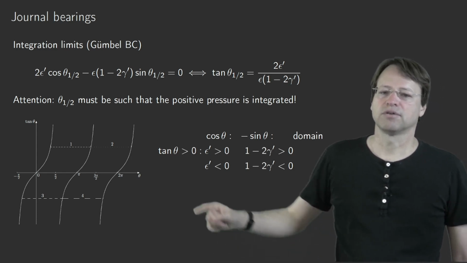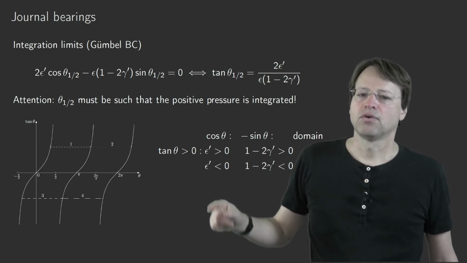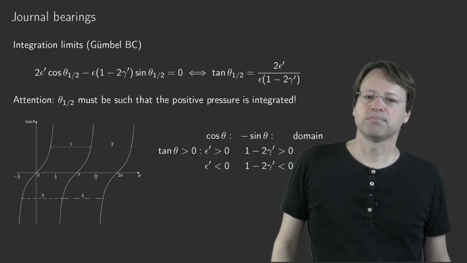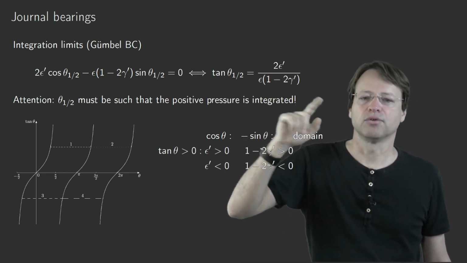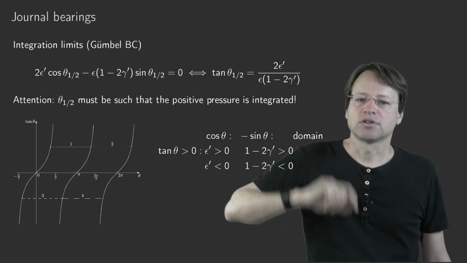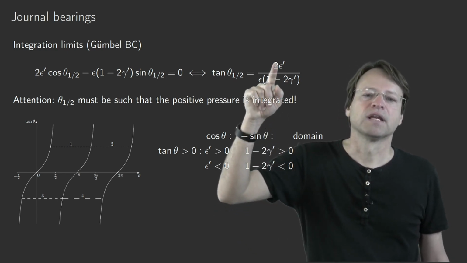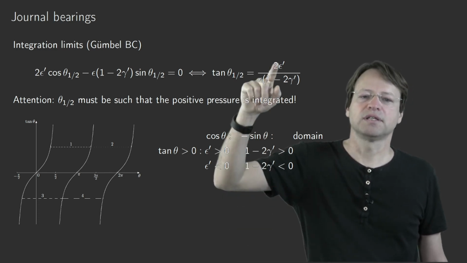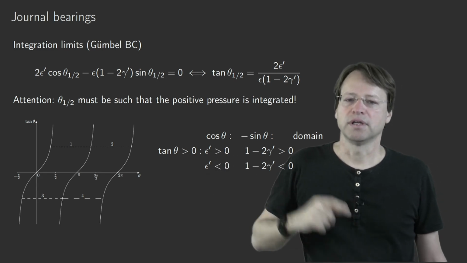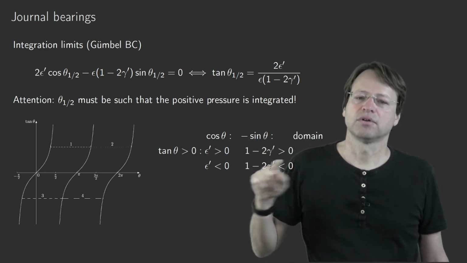We have positive values of the tangent theta. Then there are two ways to obtain positive values for tangent theta, namely both the numerator and the denominator must be positive, or both the numerator and the denominator must be negative. So as epsilon is always a positive quantity, it's the radial distance, we take epsilon prime as being either positive or negative, and 1 minus 2 gamma prime to be either positive or negative.